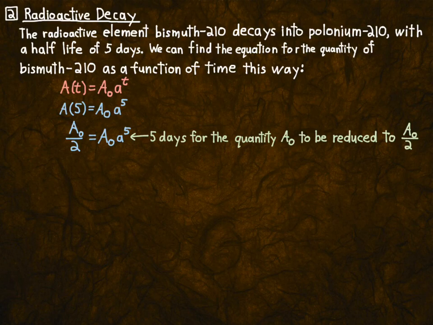Now notice that if A sub 0 was 0, you would have 0 equals 0. But we don't start with 0 bismuth. If you start with 0 bismuth, then you'll have 0 bismuth after 5 days.